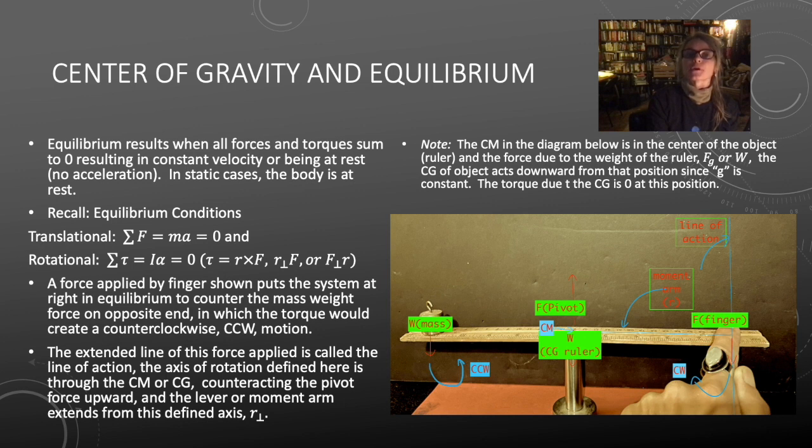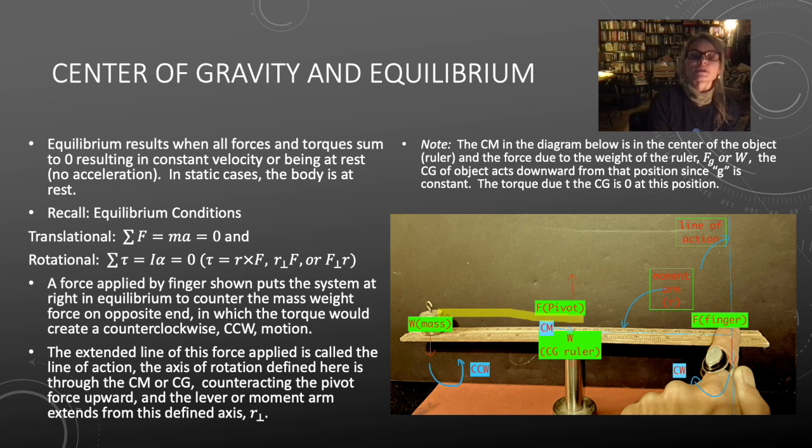In this case, I have 2 non-zero torques acting on this ruler. I get a torque from the mass on the left right here. Its torque will be its position with respect to the rotation axis. That position is all the way across here; that's your R value.